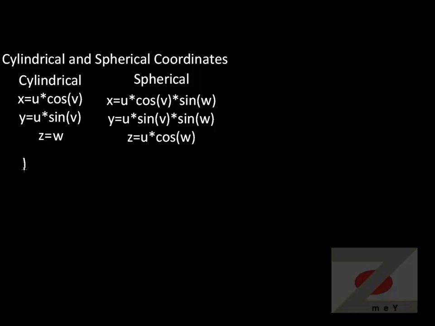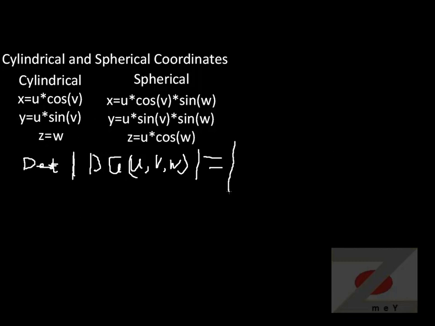Okay, to get the determinant of dg with respect to u, v, w, let's evaluate this. You basically have to take a derivative of each function with respect to each variable. So we take x with respect to u, v, w, then y with respect to u, v, w, and z with respect to u, v, w.